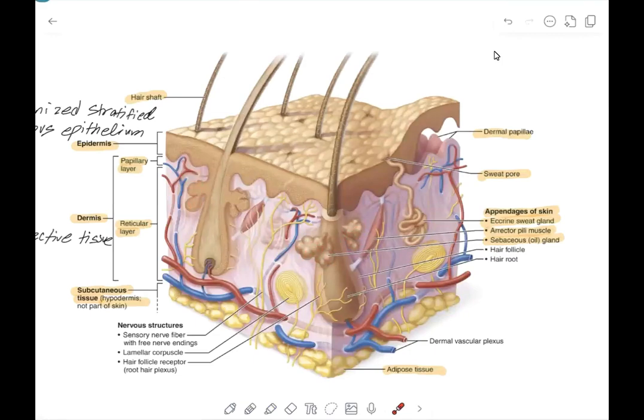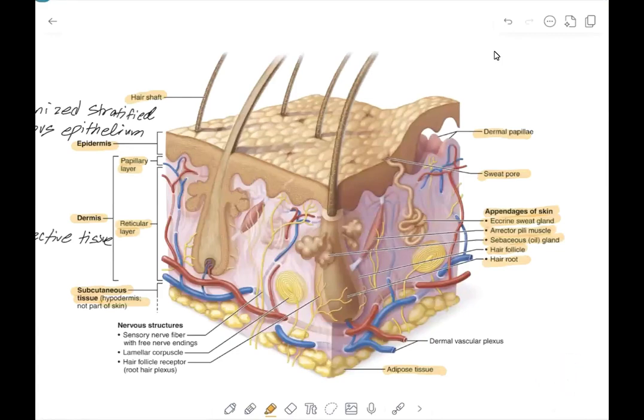These are sebaceous glands as well. It's important for you to remember that this is not a sweat gland, it's an oil gland. Surrounding the base of the hair is what's called the hair follicle, and the very bottom of it is called the hair root.